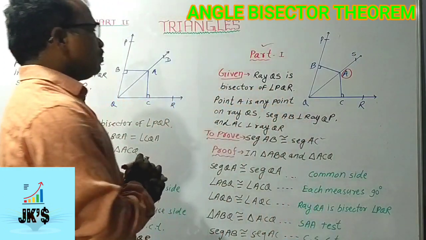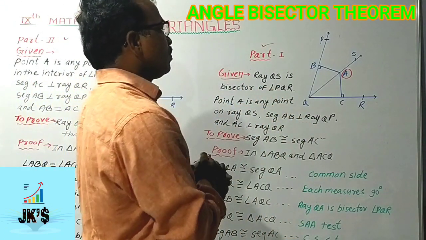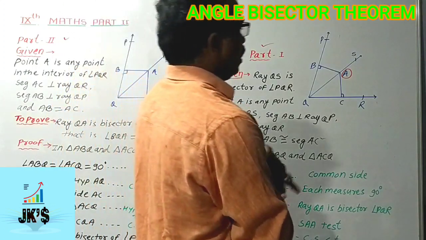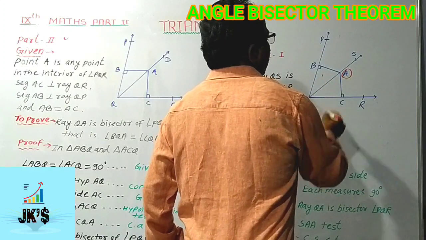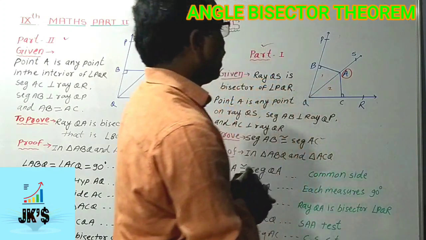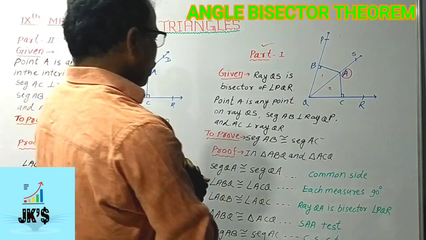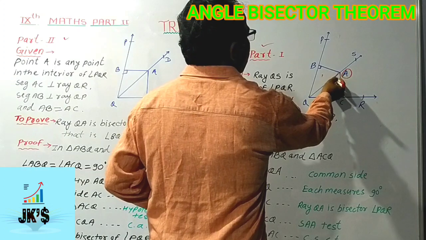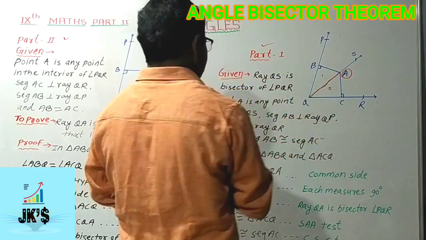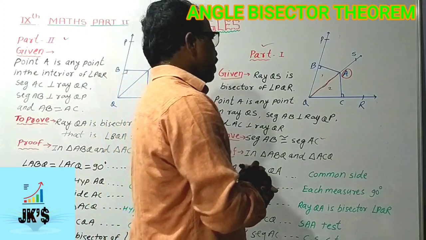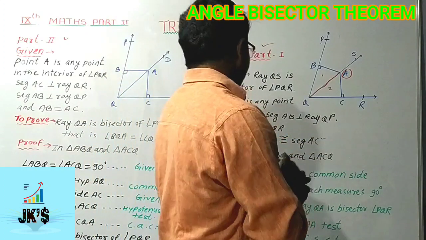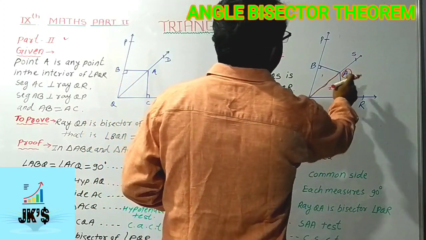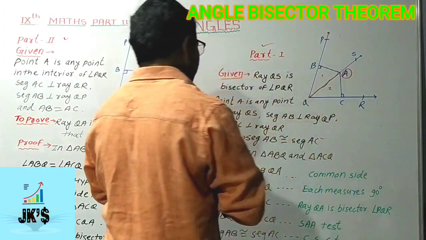Okay friends? Now, when we see this figure, there are two triangles, triangle ABQ as the first triangle and triangle ACQ as the second. In these two triangles, side AQ is common. Similarly, AC is perpendicular to QR and AB is perpendicular to QP.